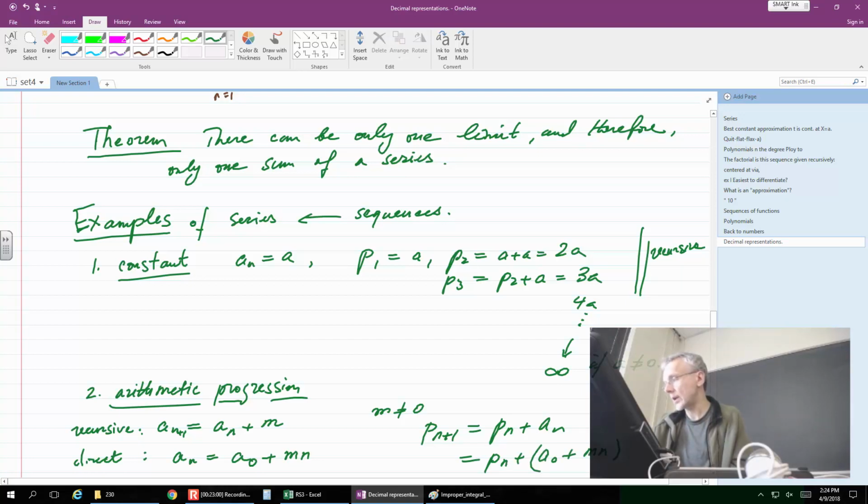And then once again, if m is not equal to 0, this thing will go to infinity. We're adding more and more. So it doesn't matter how small number m is, when you multiply by n enough times, it will go to infinity.